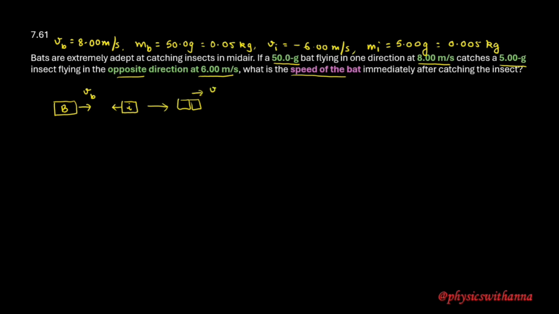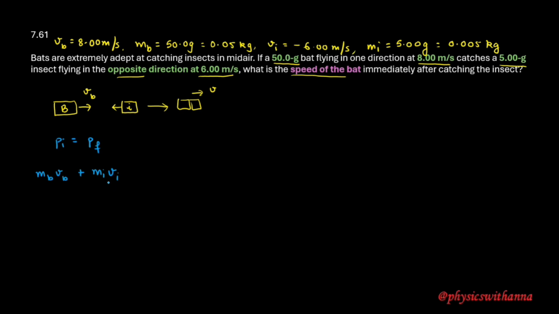Again, we apply the law of conservation of momentum. We know momentum before collision has to be equal to momentum after collision. Momentum before collision is the sum of momentum of the bat and the insect. So we write this as mass of bat into velocity of bat plus mass of insect into velocity of insect.